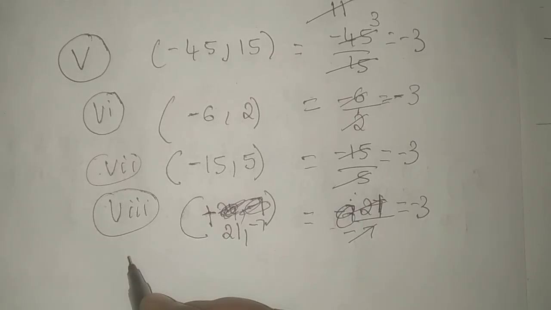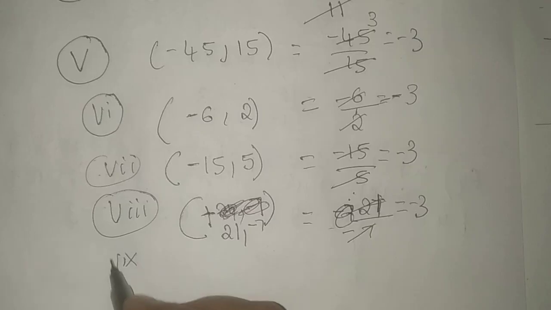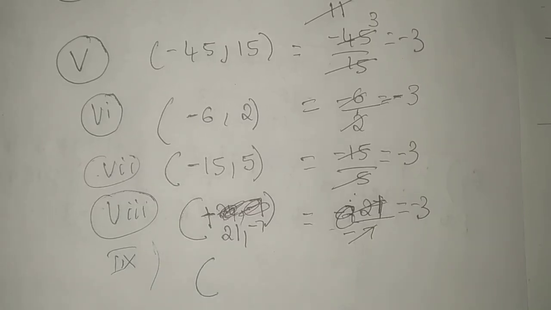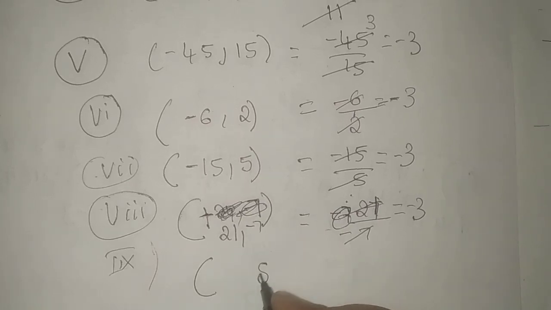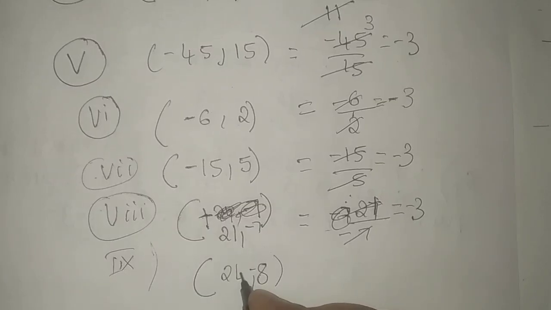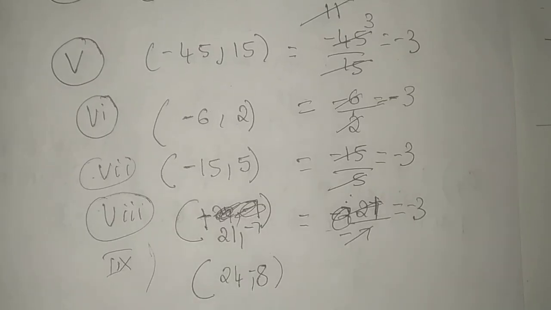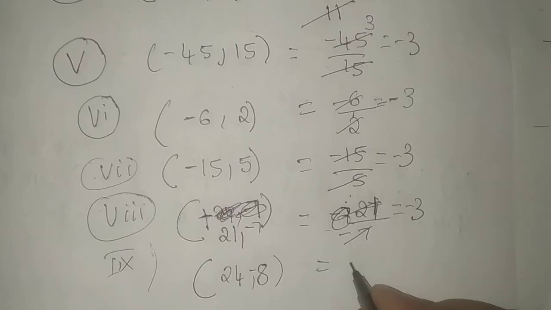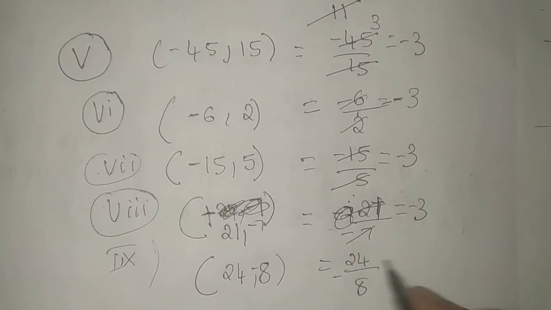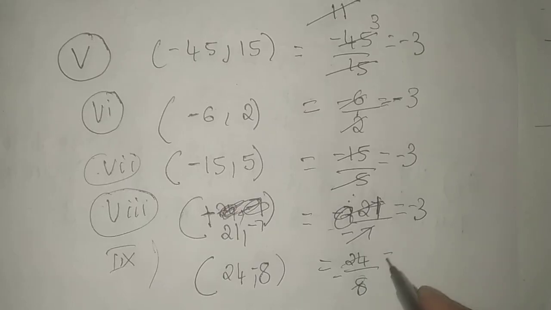So this one we finish, then we'll do the 9th one. For 9, I've already written 8. 8 threes are how much? 24, yeah, like this. 24 by minus 8, so minus 3.